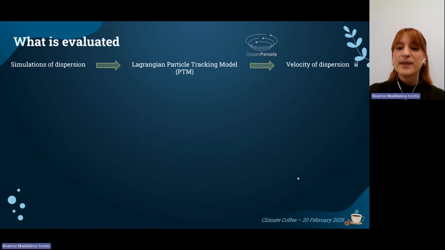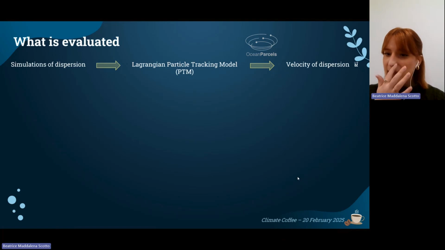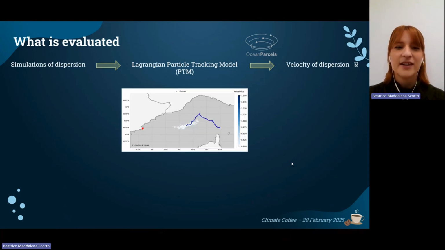And to then make the particles start to move, we need an input variable, which is the velocity of dispersion. So having all of these, we have here an example of how the outputs will look.